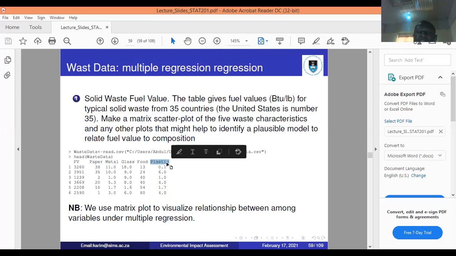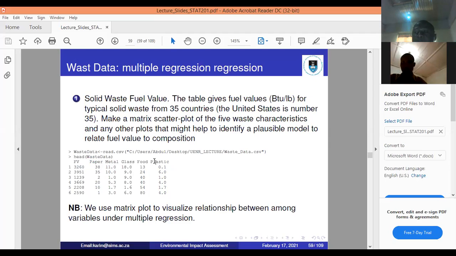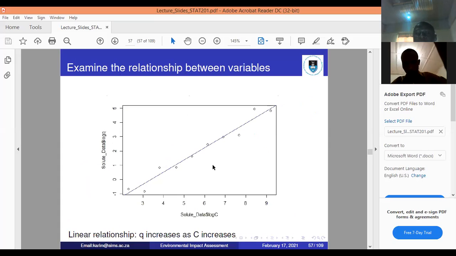So for instance, if you are into paper production or metal production or glass production or food or plastic, we are looking at how these items will affect the fuel value. We can look at the matrix plot of the fuel value against all these variables, just like when we plotted the scatter plot for just two variables, the solute absorbed against the concentration, which gave us this.